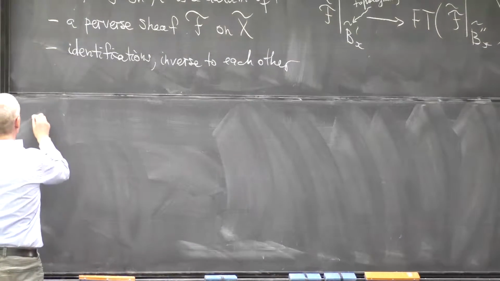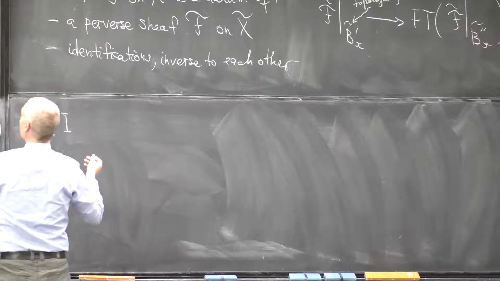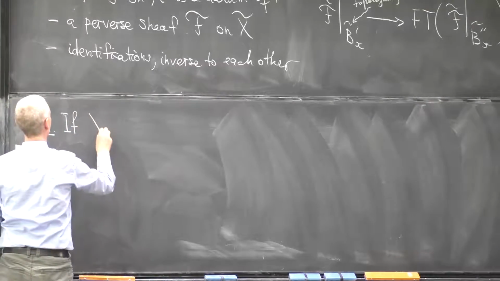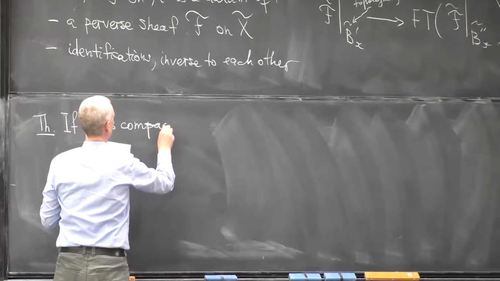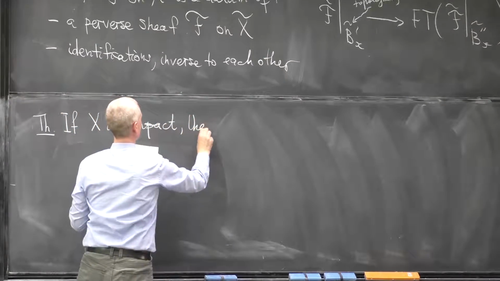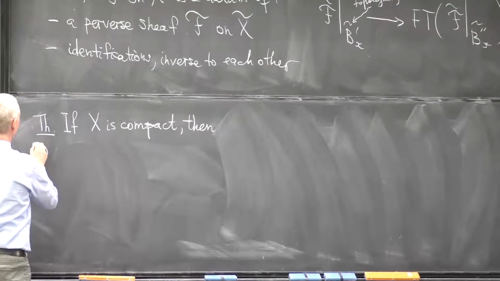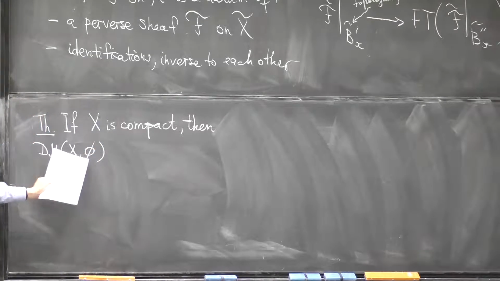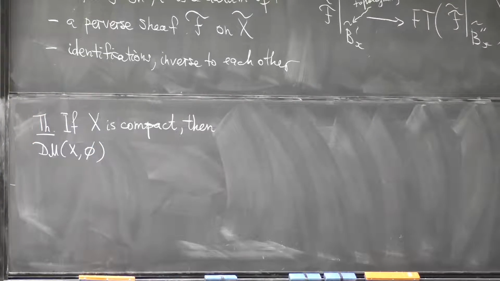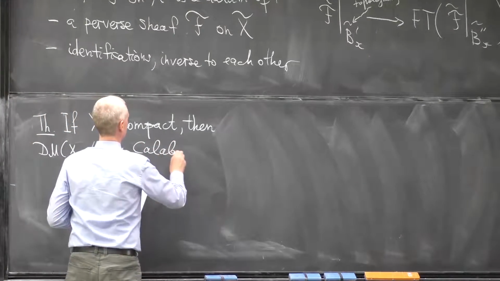Now, our first theorem is this: if X is compact, so here a priori we don't really require our curve to be compact, then D M X with M the empty set, which means that we don't allow any other singularities, is a Calabi-Yau category of Calabi-Yau dimension 2.